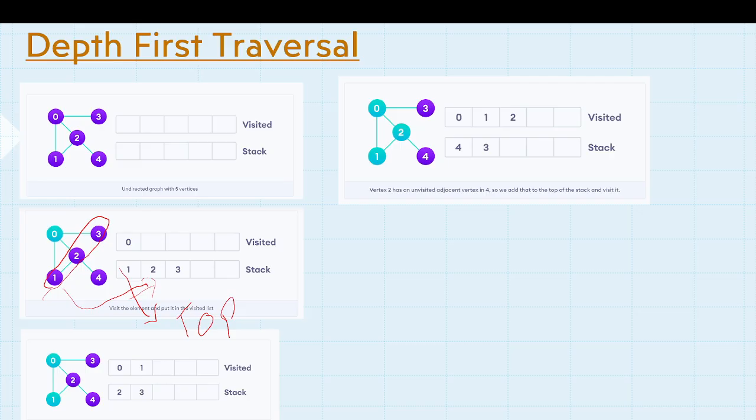And next, we mark 2 as visited and put the nodes that are connected to 2 on the stack. So the node that is connected to 2 is 4 and that is put onto the stack. The vertex 2 has an unvisited adjacent vertex, that is 4. So we have put it on the stack.